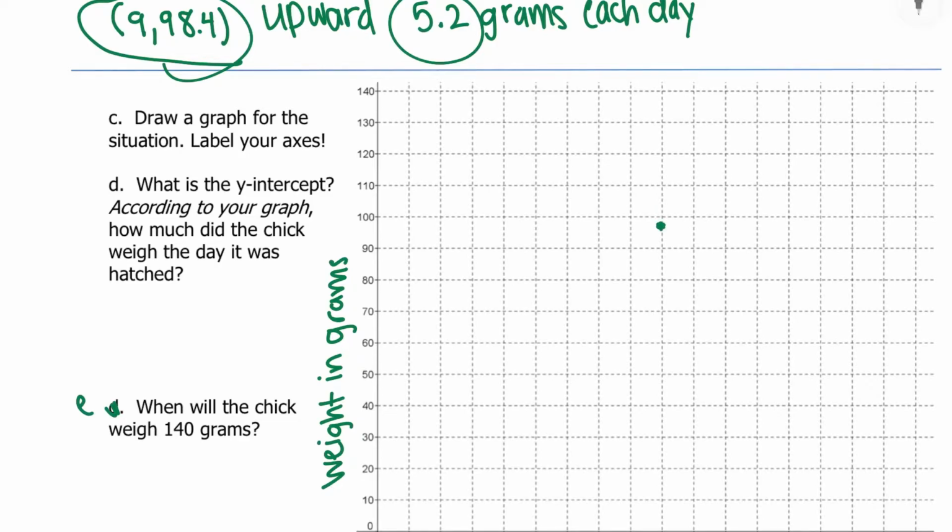That point about right there. And then we're going to go up 5.2 and then to the right one because it's each day. So we're going up 5.2 grams. Now, when we're drawing this, it's obviously not going to be perfect because we don't have little decimals to represent anything. So we're going to kind of guesstimate here and get our points above.